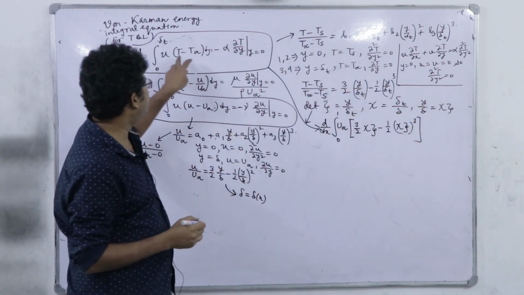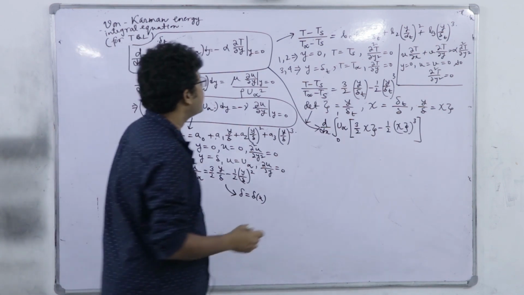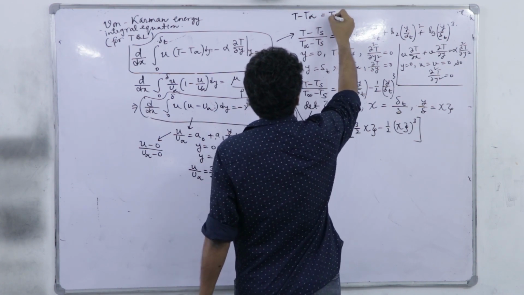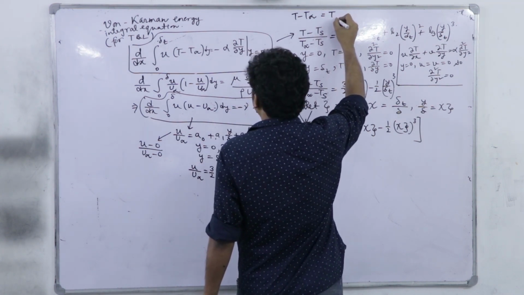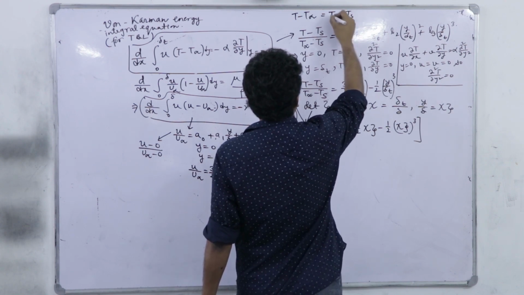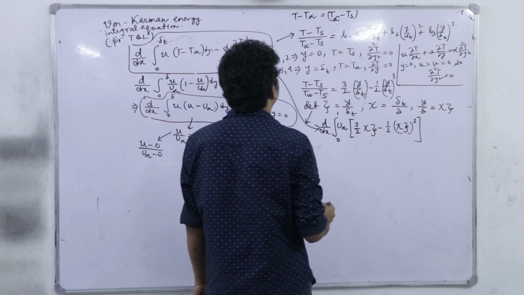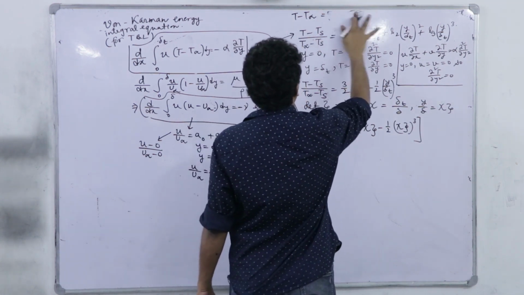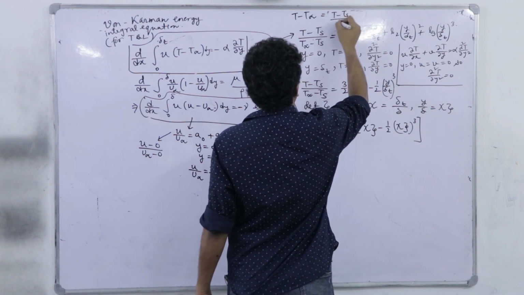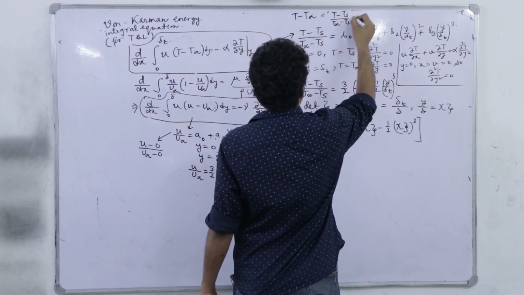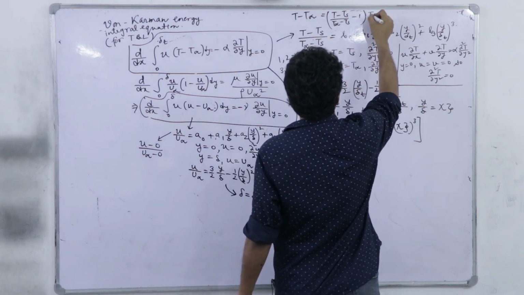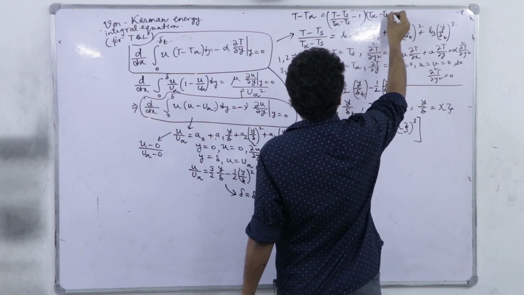Next we have a term T minus T infinity. You see, T minus T infinity, how we can write? We can write T minus Ts divided by T infinity minus Ts minus 1, that multiplied by T infinity minus Ts.